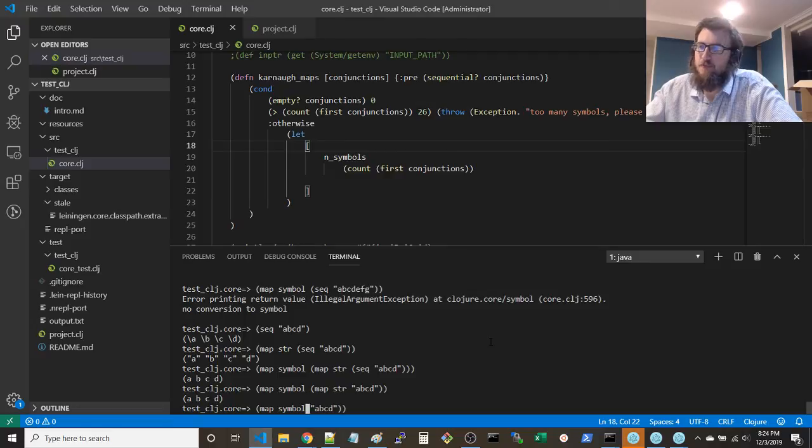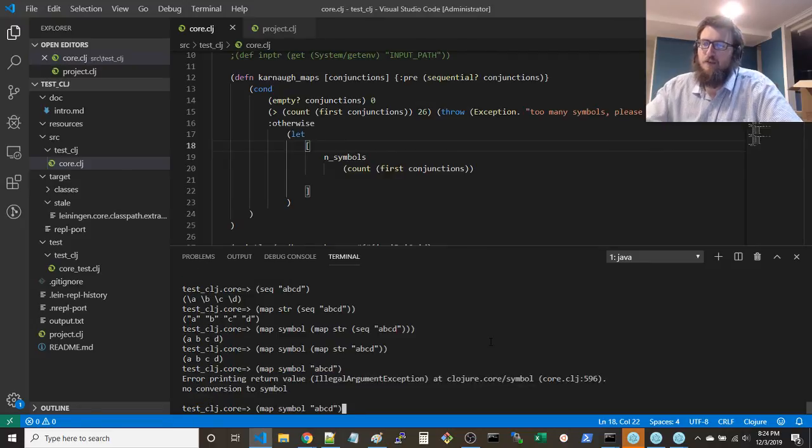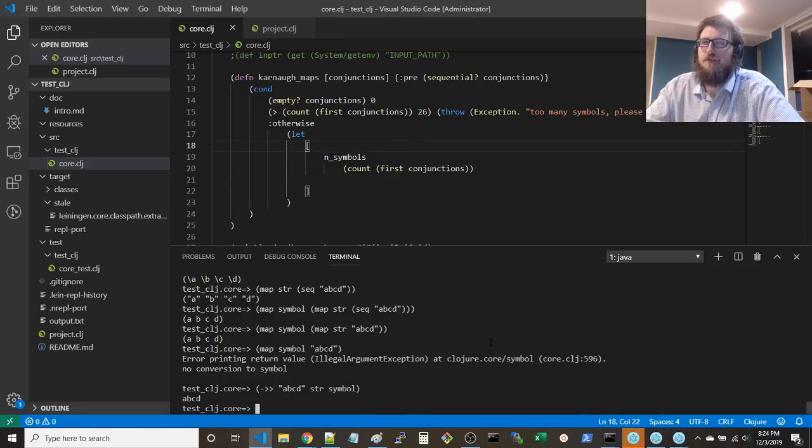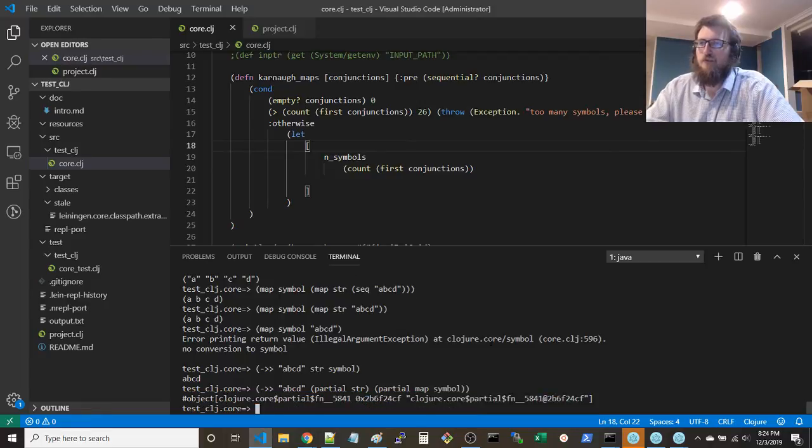Interesting that this doesn't work though. So we can take string and symbol. Ooh.